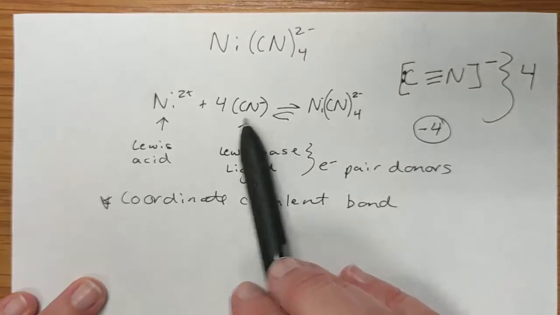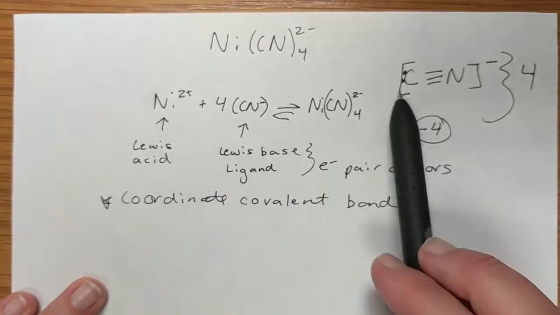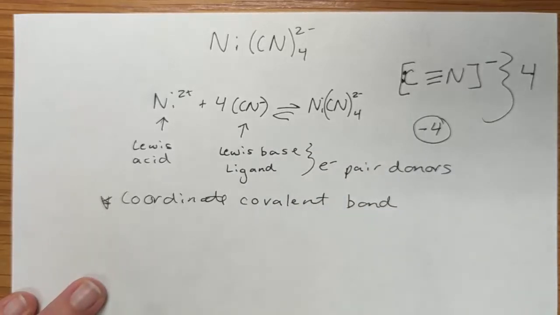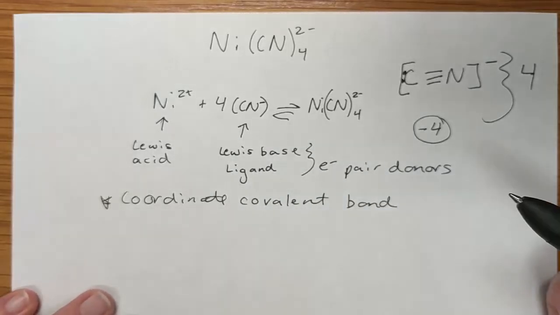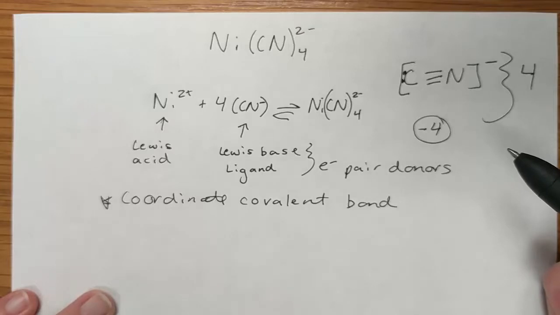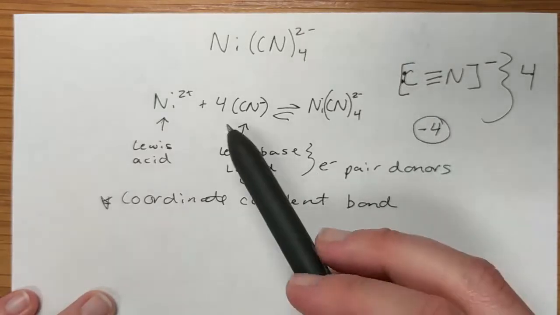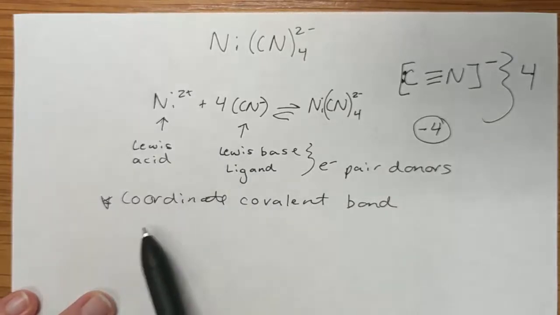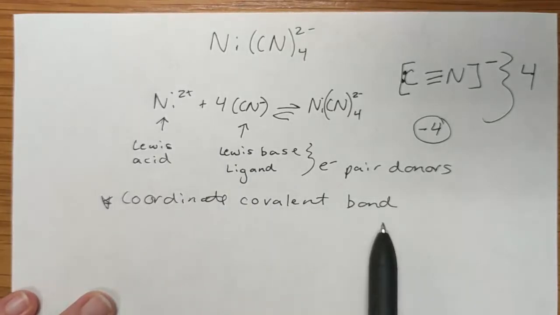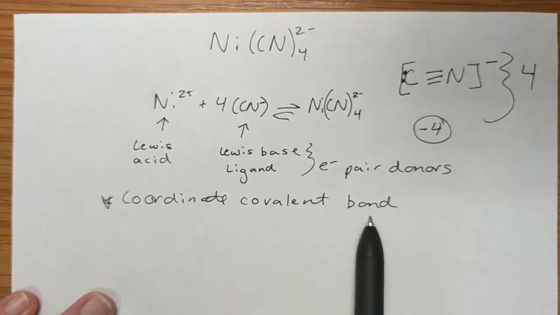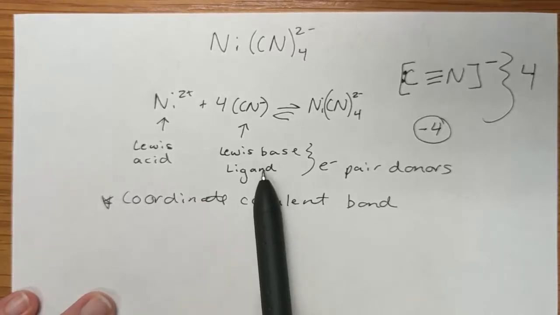It's not that nickel has one electron and carbon has another one and they form a bond, and that would be a true covalent bond, because covalent bonds, remember, are shared. But these aren't shared. Carbon is the donor of both electrons to the nickel, so instead of it just being a covalent bond, it's called a coordinate covalent bond because both electrons came from your ligand.